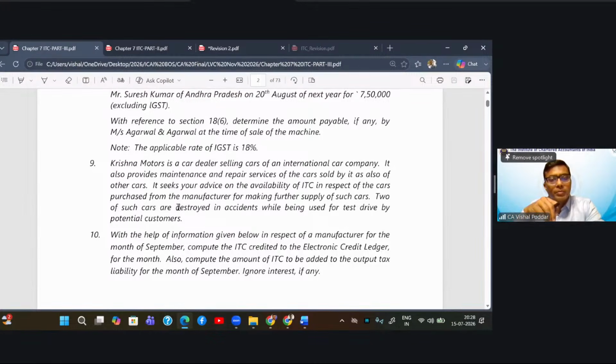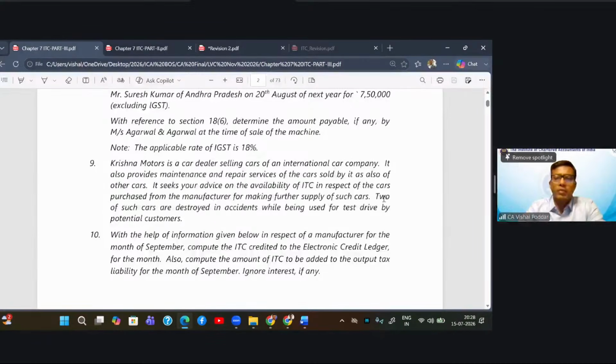This is our first exception. Now, on that basis, whatever cars you have purchased and also whatever inward services on the maintenance of cars you have purchased, that will be allowed as ITC because you are in the business of further sale of cars, right? So this is what is eligible, first part.